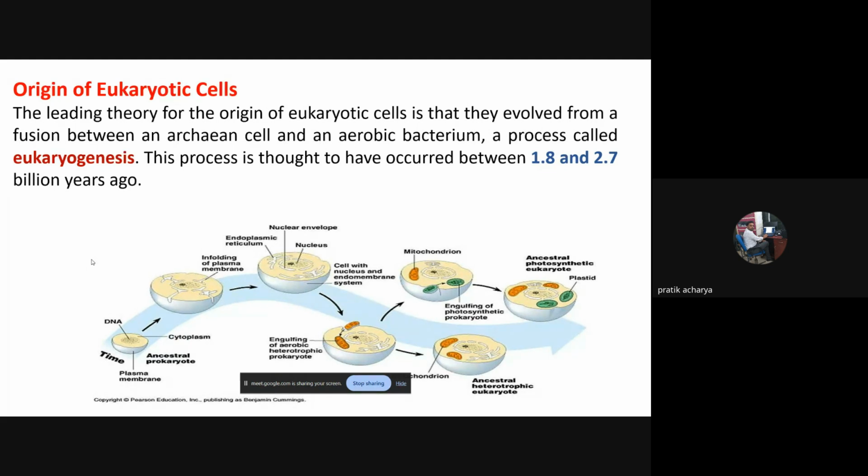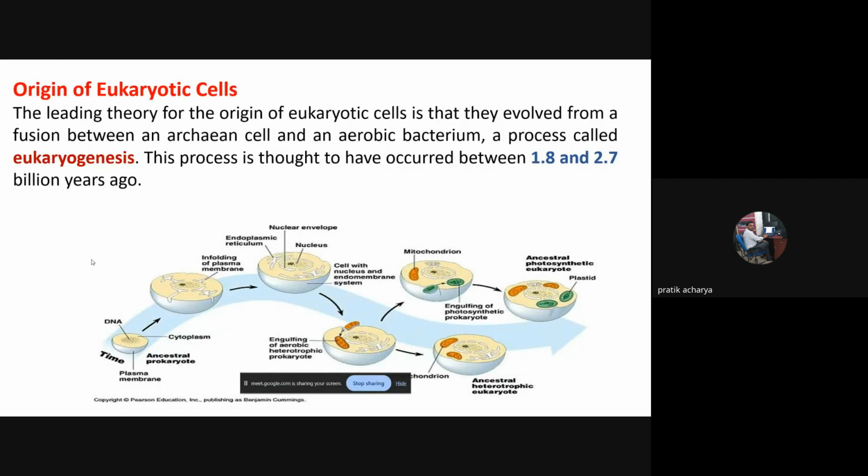Not only did the small cell benefit from this process, the large cell also benefited. So instead of digesting it, they formed a mutualistic relationship. Mutualism means you help me, and on that basis I'm going to help you. That is the mutual relationship between these two.